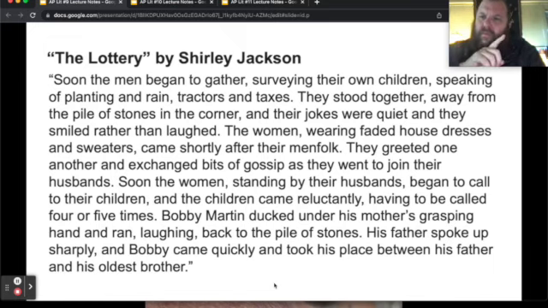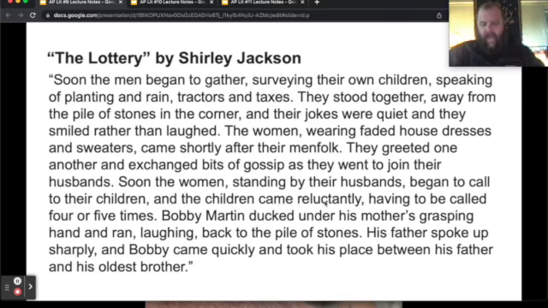And you might say, well, hold on, Mr. K, they said that the children came reluctantly, right? Isn't that a feeling? Feeling reluctant is certainly an emotional characteristic, but it just says that the children came reluctantly. So the narrator is watching their reluctance. They see it.